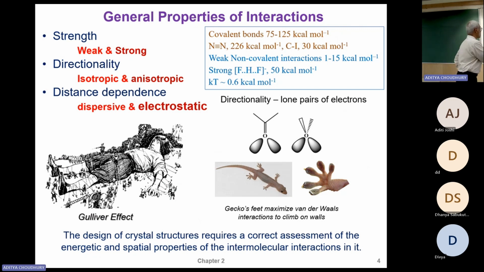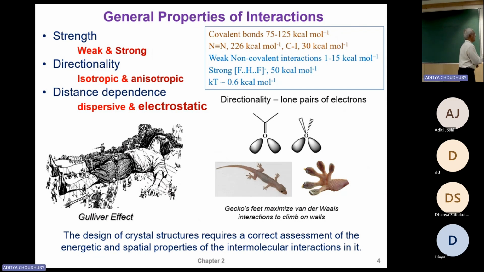It's very, very strong, stronger than a covalent bond here. So this is an exception anyway. As I mentioned to you, kT is about 0.6. That's why some people argue that you shouldn't give 0.6 as the lowest one, because you can't do anything with this kind of energy. So bond energy should be more than that. That's why they have given 1. Okay, that makes sense.